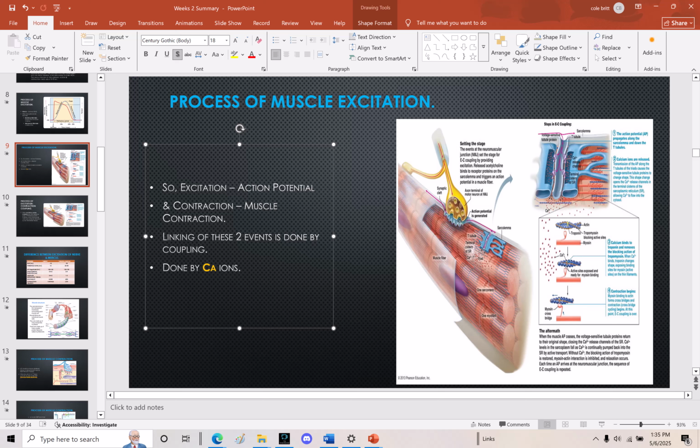Okay, when the potential gets high enough, let's see, I know I have that picture. There's our T-tubule. When the potential gets high enough, this DHP, dihydropyridine, is going to open up calcium channels to allow calcium to flow out of the sarcoplasmic reticulum.